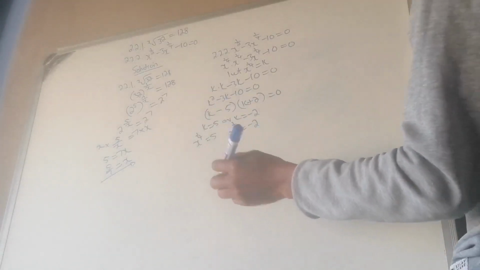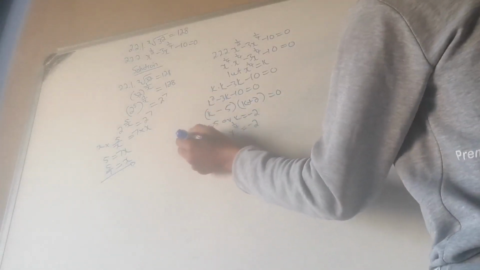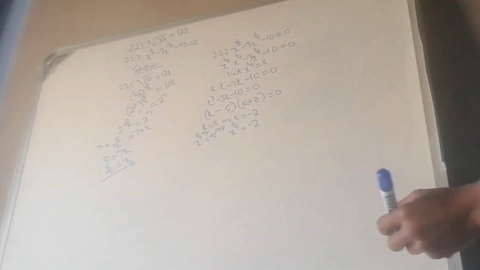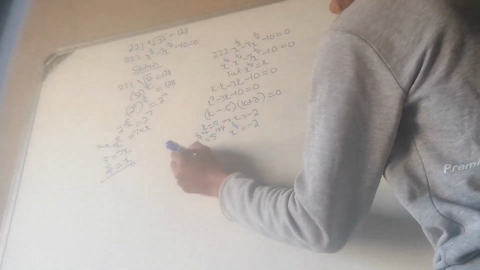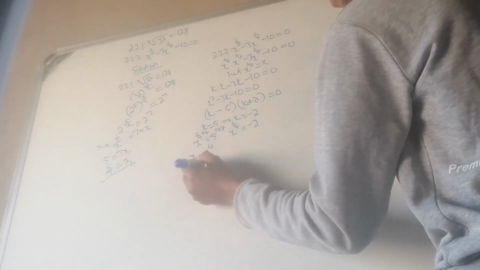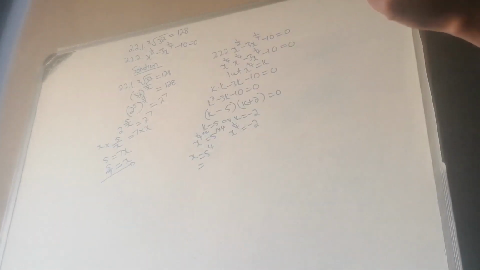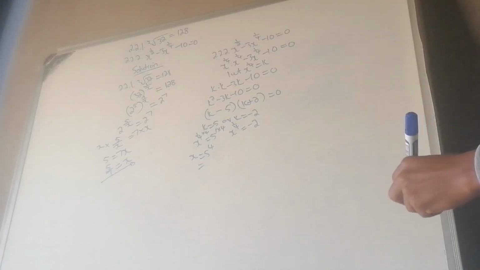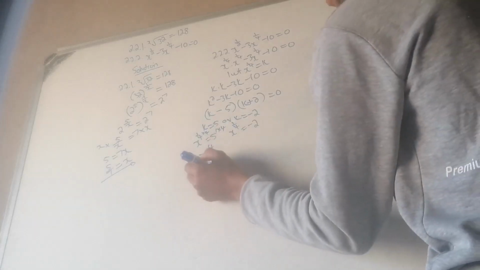To get the value of x, I multiply the exponent by the reciprocal of 1 and a quarter. My x becomes 5 to the power 4, which is 625.